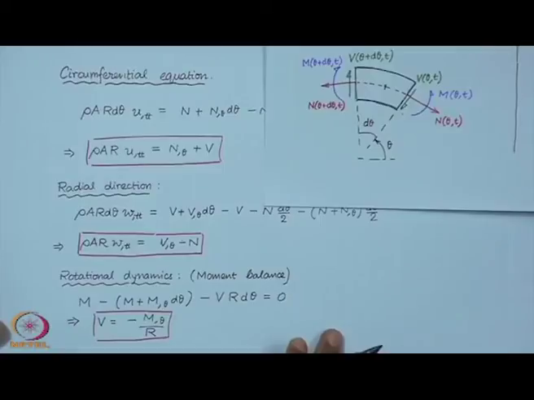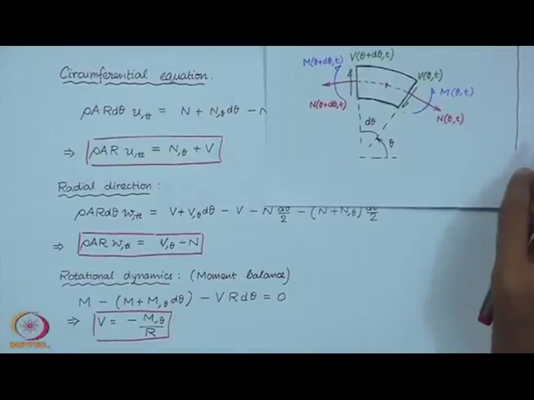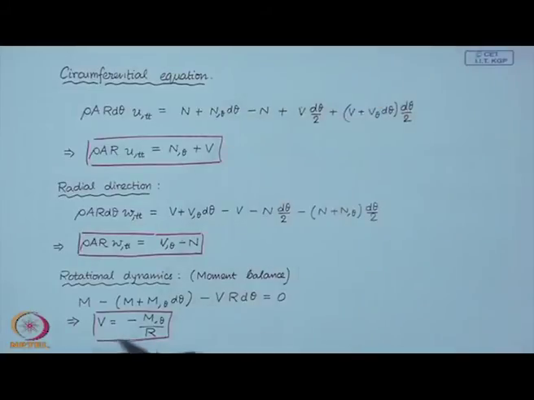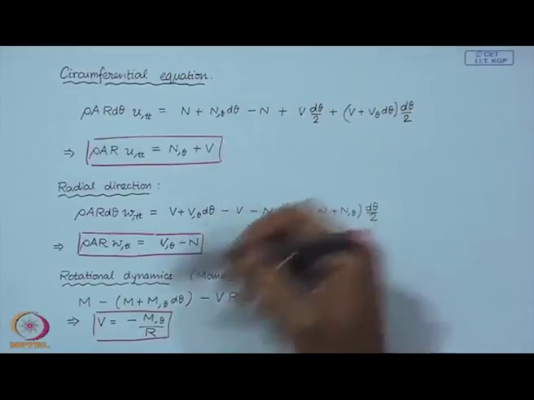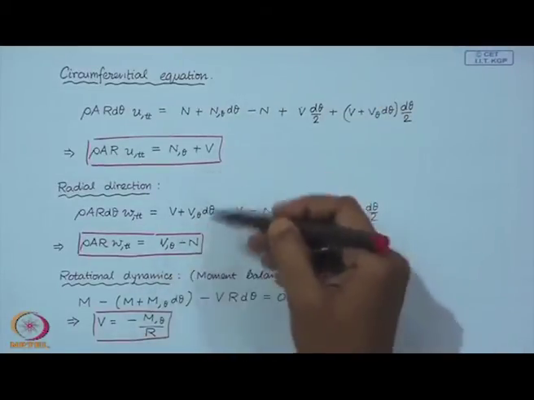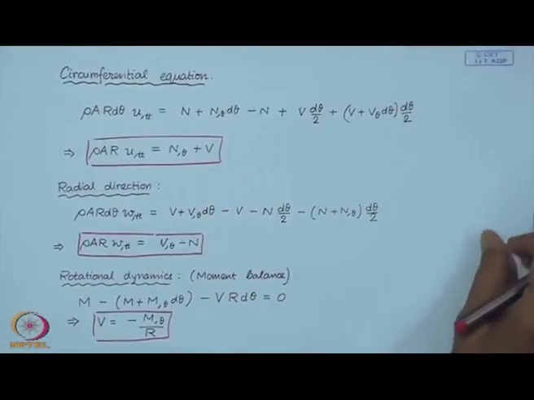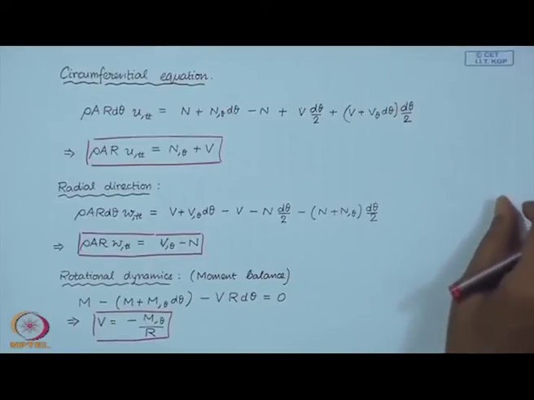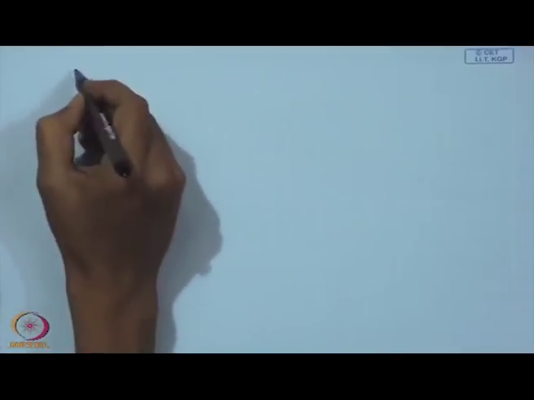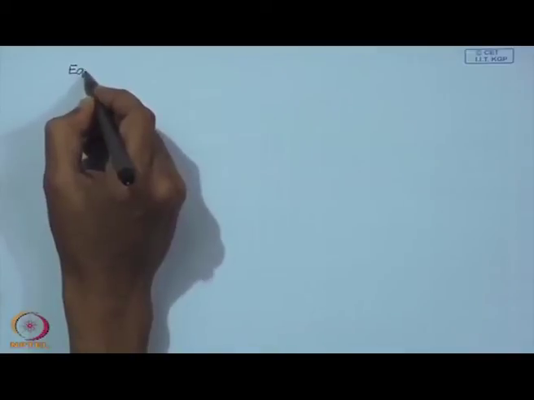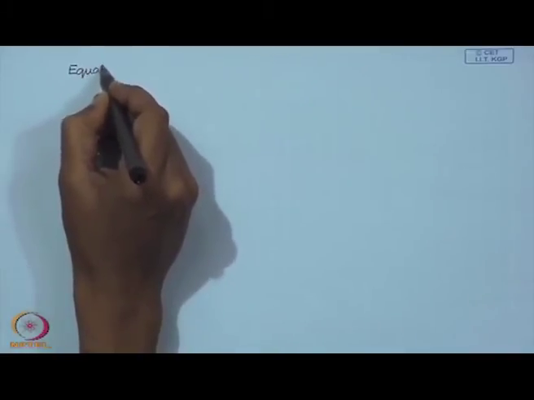moment balance. Now, we are going to combine these equations. So, essentially we are going to eliminate this V and also replace this N. So, if you do that, then you get the equations of motion.